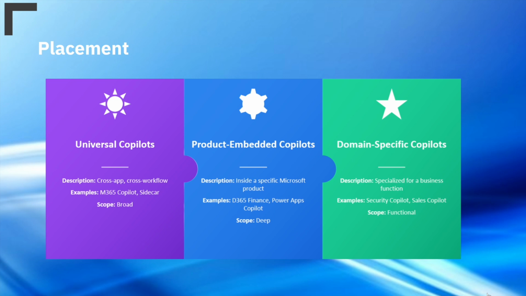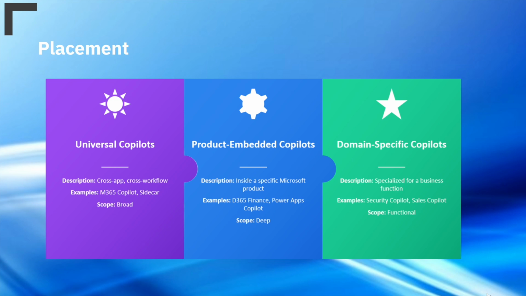If we want to give an example, there is 365 Finance, Power Apps, Copilot in Excel or Copilot in 365 Finance, as I said. And the third one is the domain specific copilots. These know one business domain deeply. We can give the security copilot as an example, or the sales copilot.